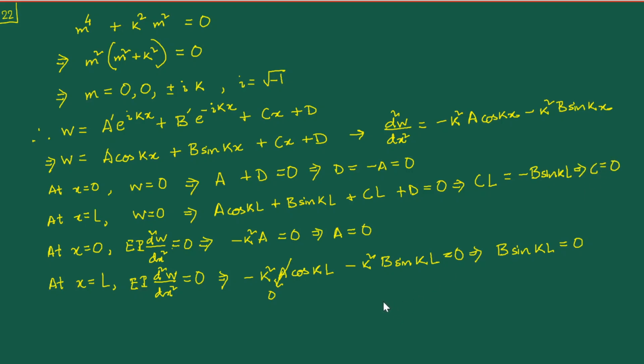Now if we come back to this equation, B sin kL equal to 0, and we think that this equation is going to be satisfied if we take B equal to 0, then what we are basically ending up with, if you look at this expression for W, is that A is 0, B is 0, C is 0, and D is 0, so W is 0. So this is not a very interesting solution. We say in mathematical terms that this is a trivial solution.